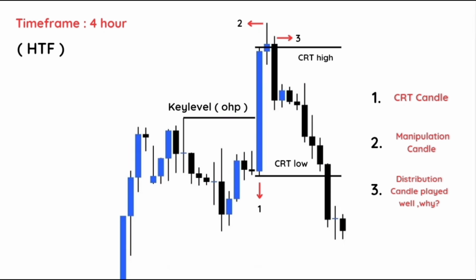Now let's see why it has played well and what's the reason behind it.